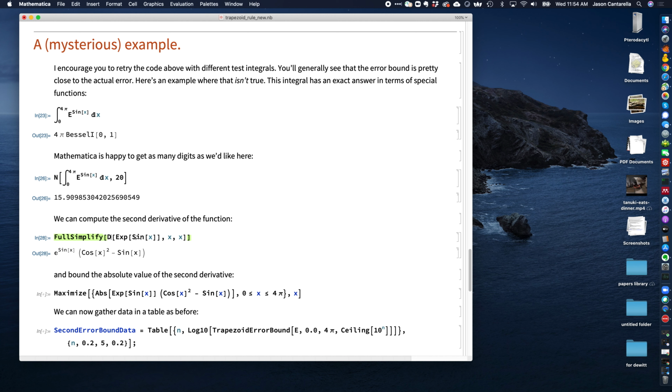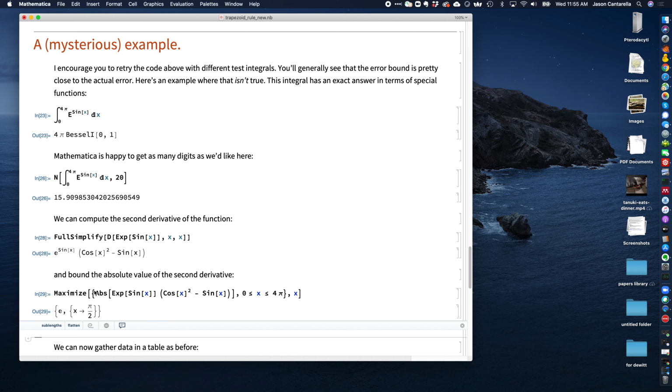So we now need an upper bound on the absolute value. There's a lot of ways you can do this, by thinking about sine and cosine, by thinking about e to the sine x. But really at this point in your life, it's okay to use Mathematica and just type Maximize.